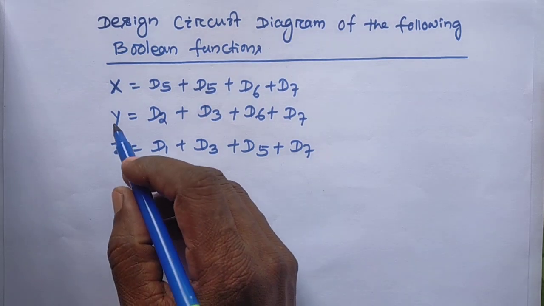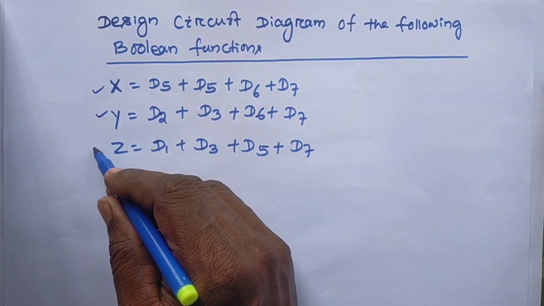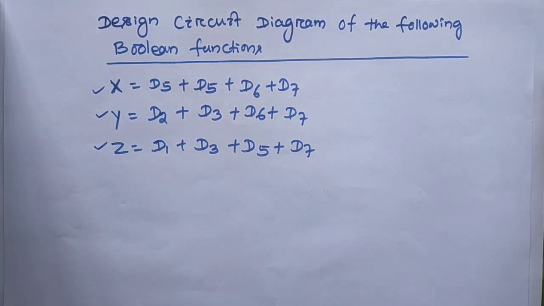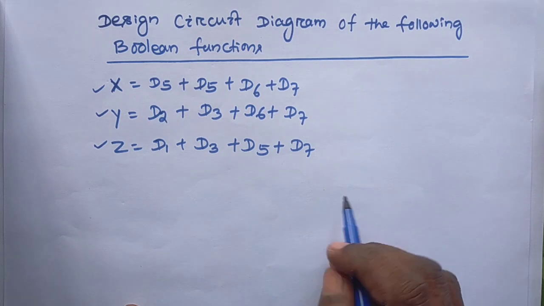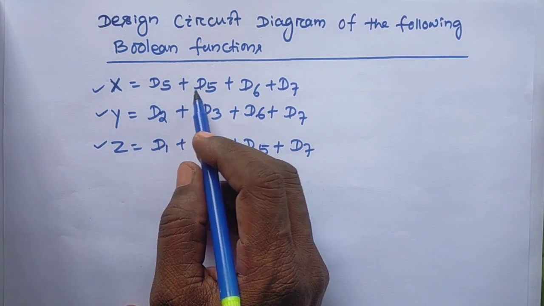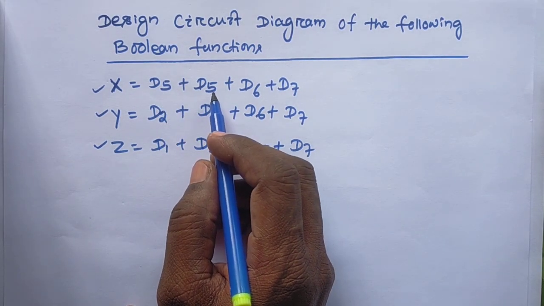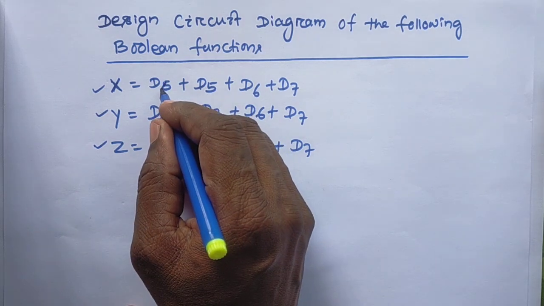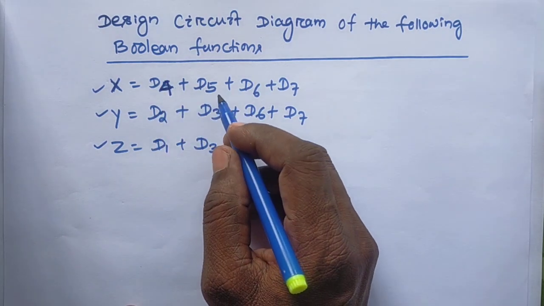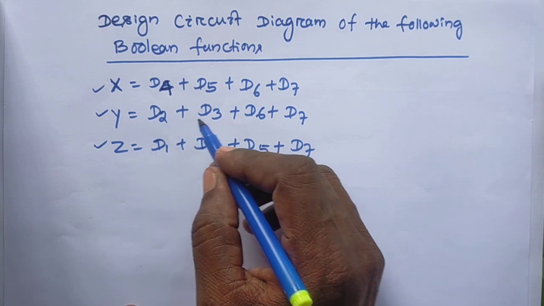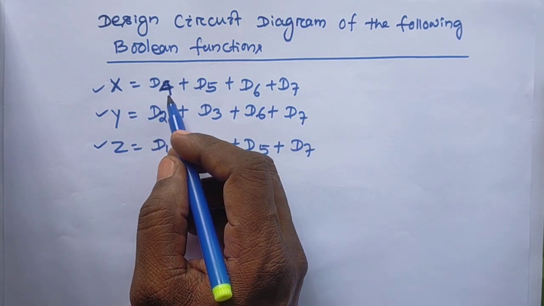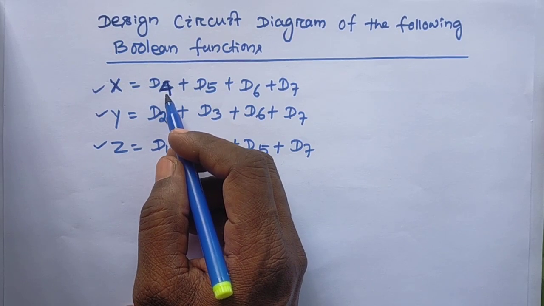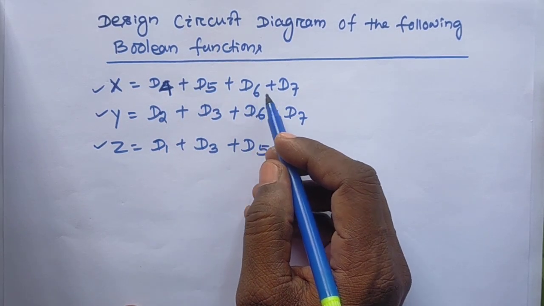Suppose X, Y, Z are the outputs we can get based on these inputs, D1 through D7. X output can be got from inputs D4, D5, D6, D7.